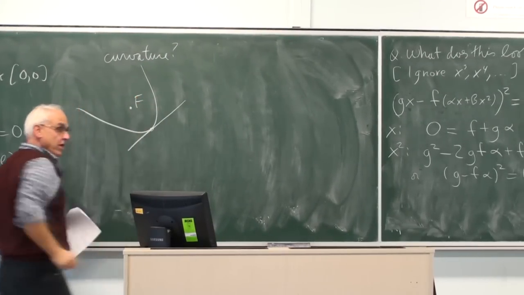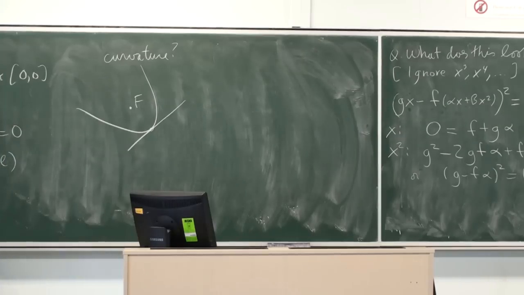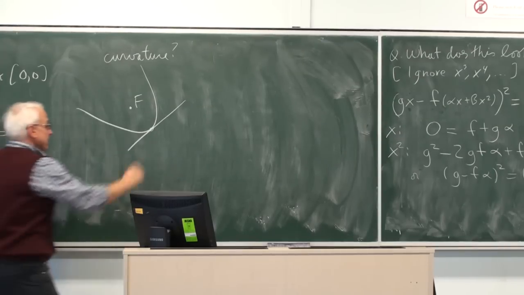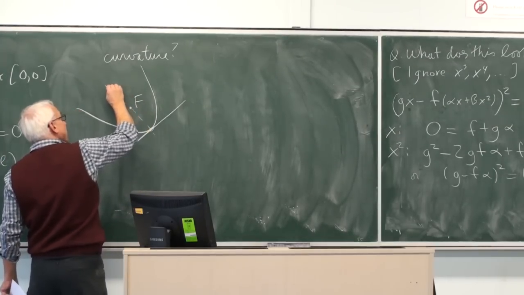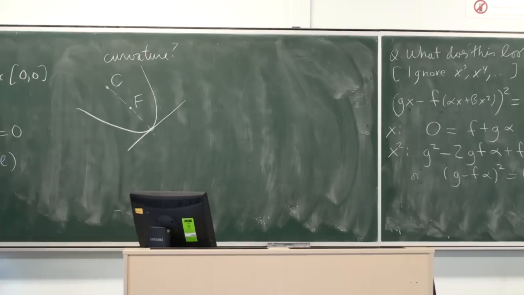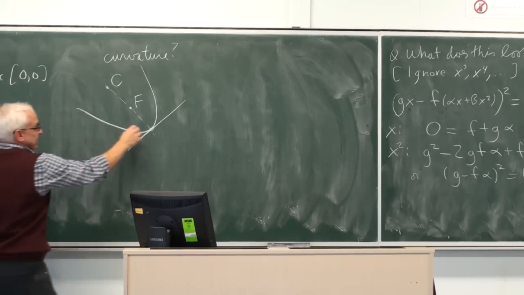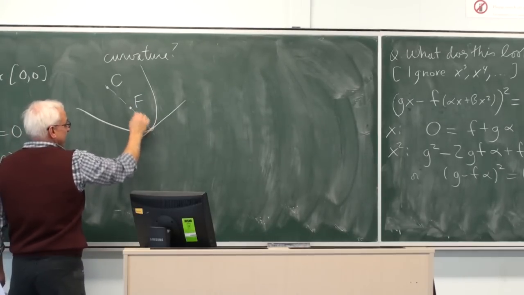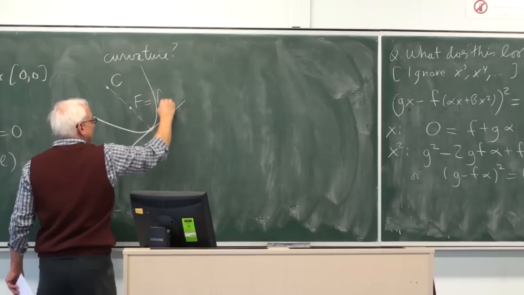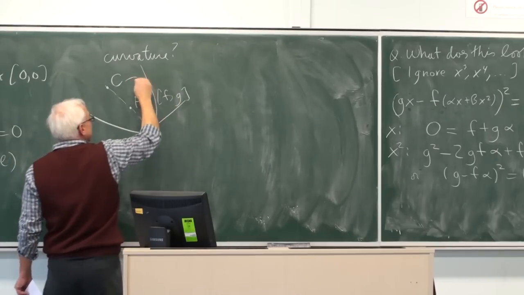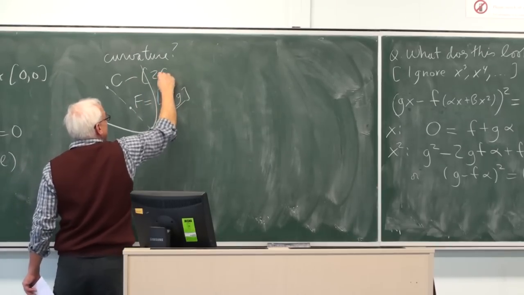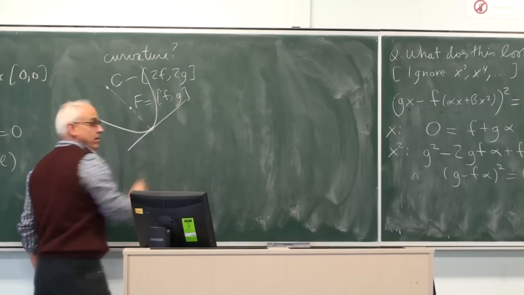So there's the focus. Remember that for the parabola in the standard form, the center of curvature was exactly twice up here. So if this is the point (f, g), then the center of curvature will be the point (2f, 2g).